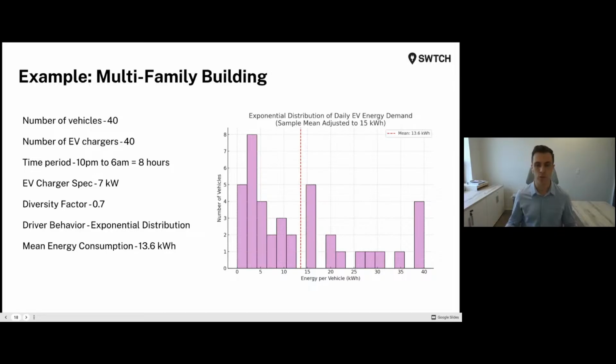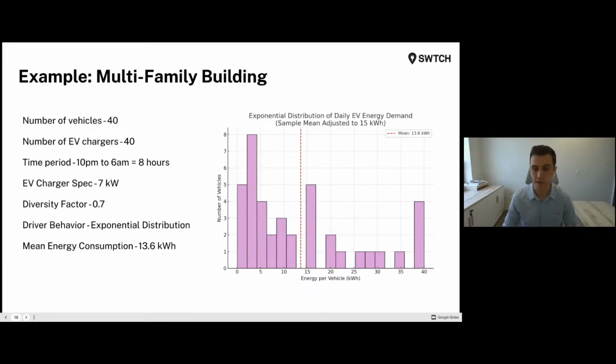And the behavior that they want to design for is between 10 and 6 p.m., they want to charge every vehicle to 100% within a certain means. And like I mentioned earlier, for buildings that are a little bit older, we tend to bring back our time variable T from 12 hours to 8, just because we find that the infrastructure tends to be a little bit more constrained. And so by reducing that variable, it gives us a little bit more performance to play with.